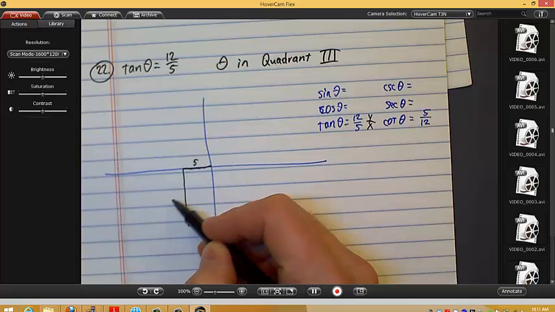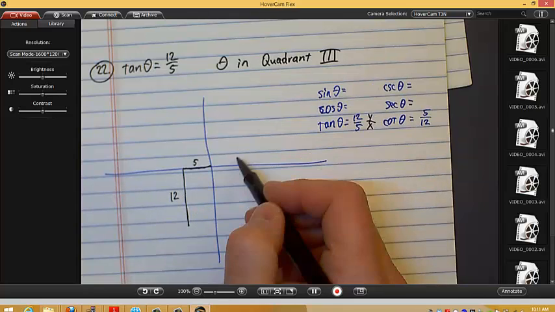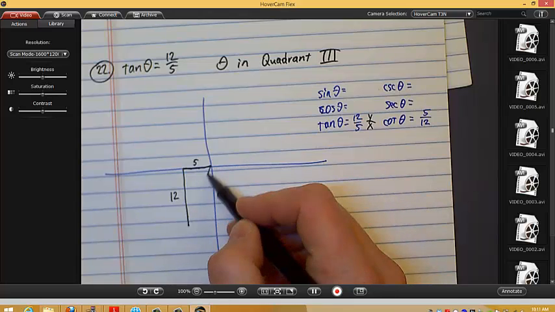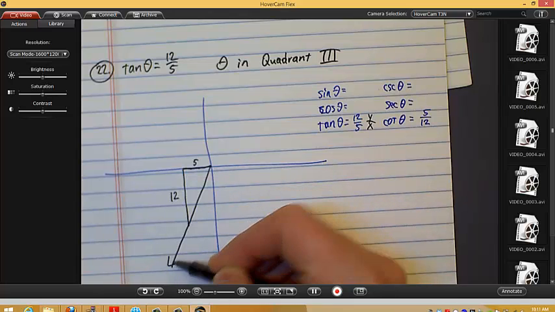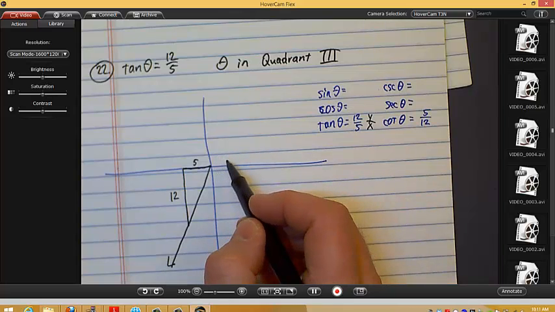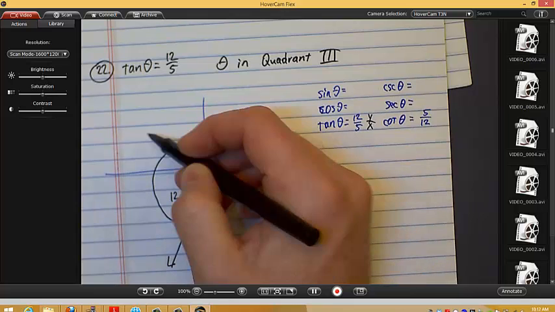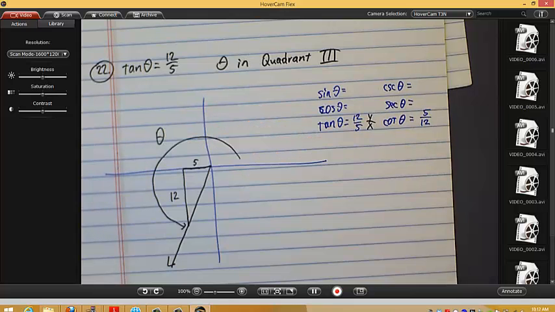That's 12. I'm in quadrant 3, and here's the terminal side. And so theta might look like this. Okay? Theta's in quadrant 3. You guys with me? And it's going to make a difference here.